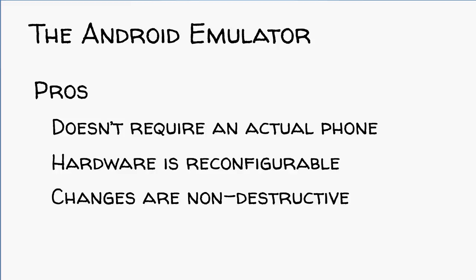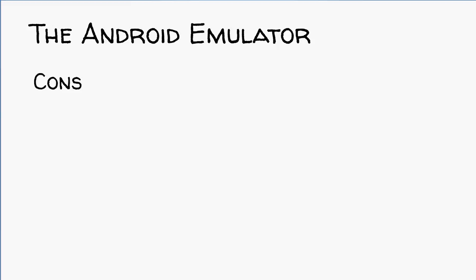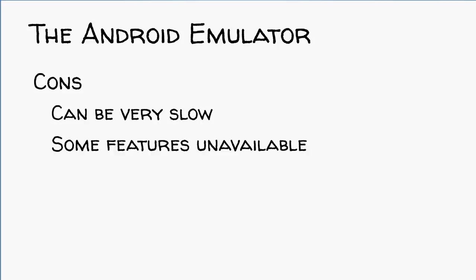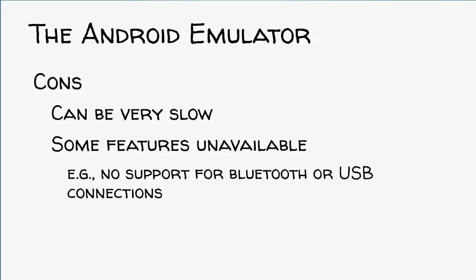On the other hand, emulators have some real downsides as well. In particular, the Android emulator is really slow, and that can be frustrating when you're trying to rapidly experiment and tune your app, and you have to wait for the emulator to start up and run. Also, some features are not well supported by the emulator. For instance, there's no support for Bluetooth connectivity, and no support for connecting accessories to the emulator via USB cables.